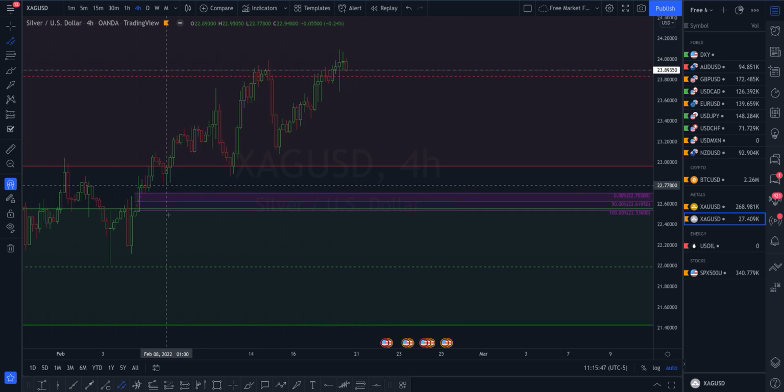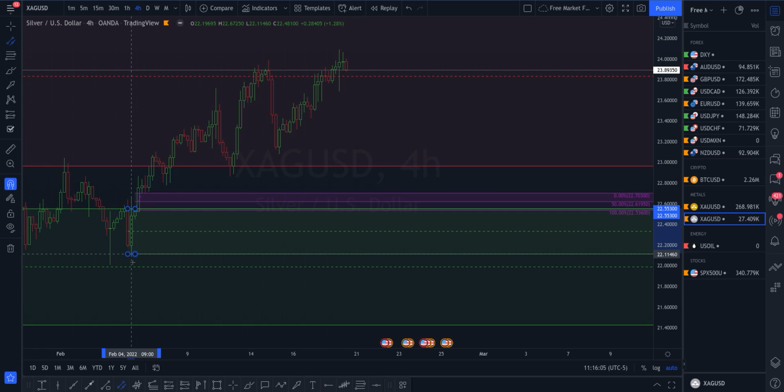I'm not bored, guys. I'm just tired right now. Let's take a look for some unmitigated zones. All right. This zone has not been mitigated. Okay. This zone has not been mitigated.